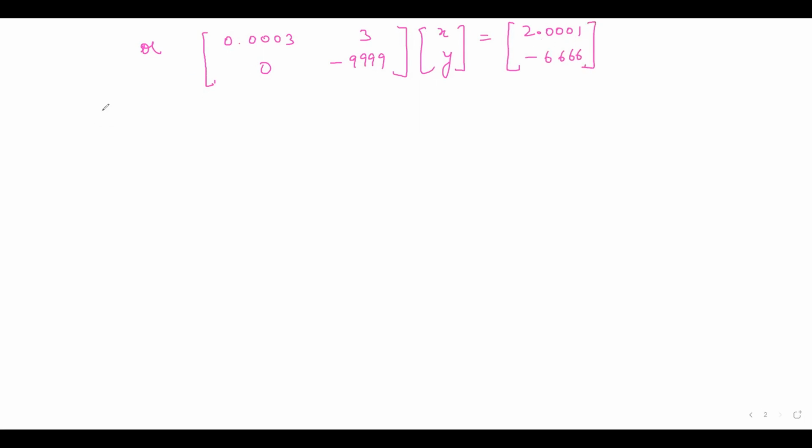Now, using the backward substitution, what are we getting? Minus 9999y is equal to minus 6666. So this implies that y is equal to. Just keep in mind that you need to take 4 significant digits.